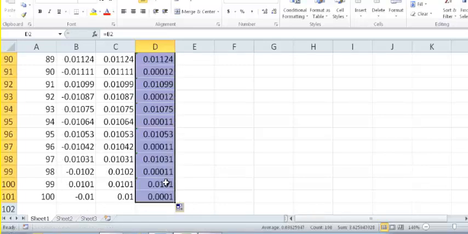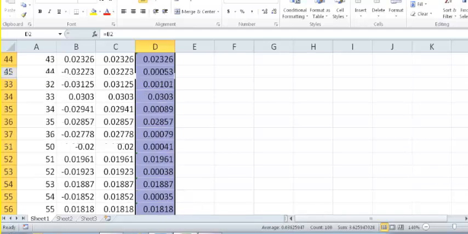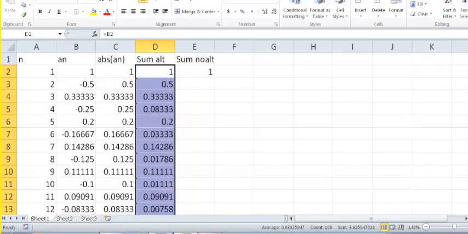It's interesting, it looks like it's approaching 0. It is approaching a very small number. Oh, it's over n plus 1. That's the problem, I think.